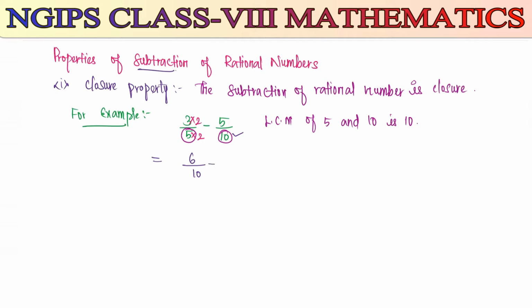The second number is as it is, 5 by 10. Now the denominators are same, I can write only once, it is 10. Here we need to simplify the numerator. 6 minus 5, the value is going to be 1 divided by 10. So this is the final answer. 1 by 10 is a rational number. So closure property is going to be satisfied under subtraction.